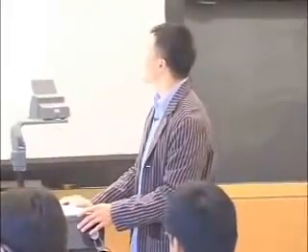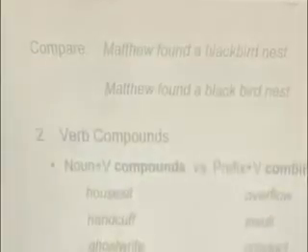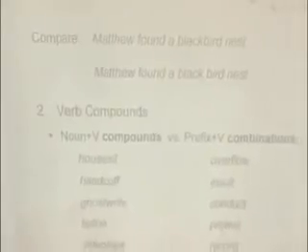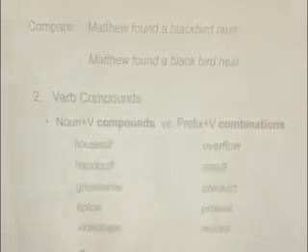So how would you say this? The first one. Matthew found this. How would you say the first one? Matthew found the blackbird. Matthew found the blackbird. Okay. Jin, can you say the first sentence?